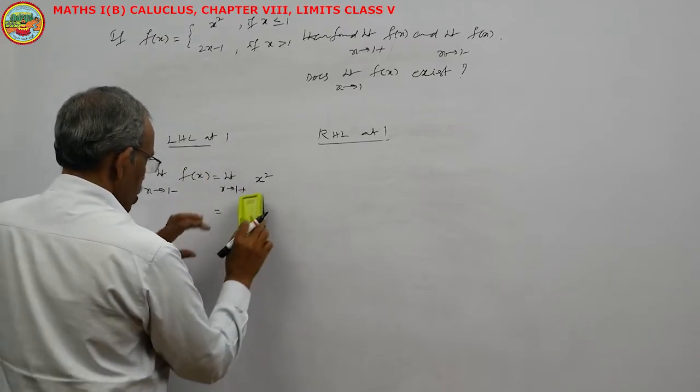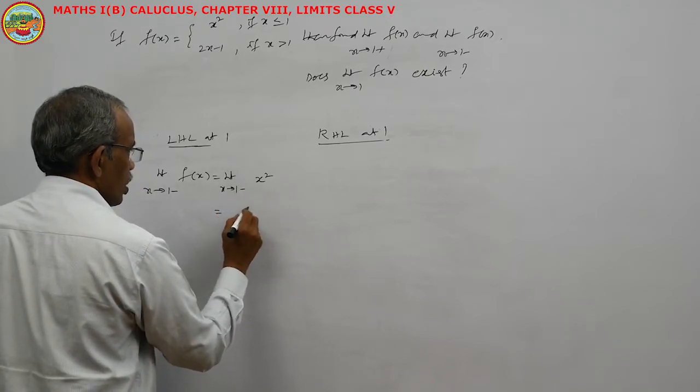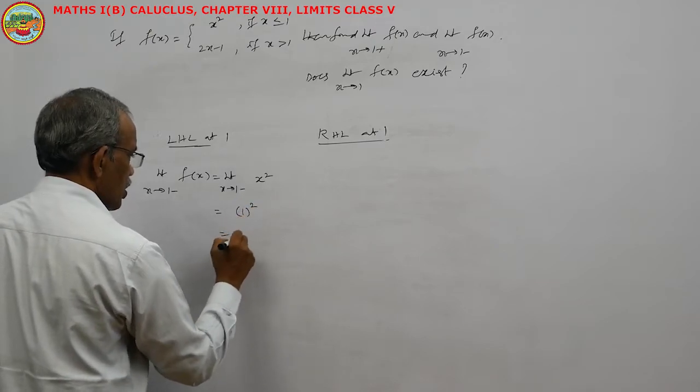The limit of x square as x tends to 1 minus, that is 1 square, that is equal to 1.